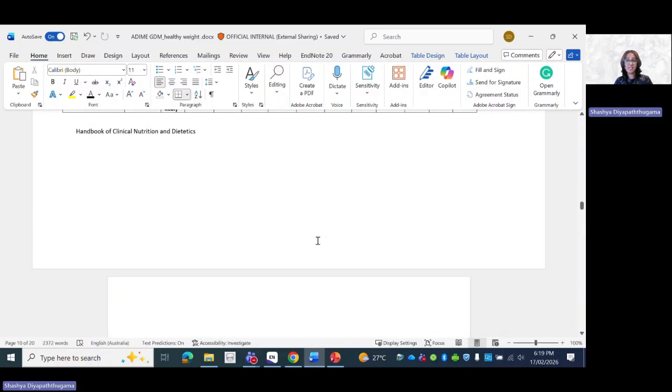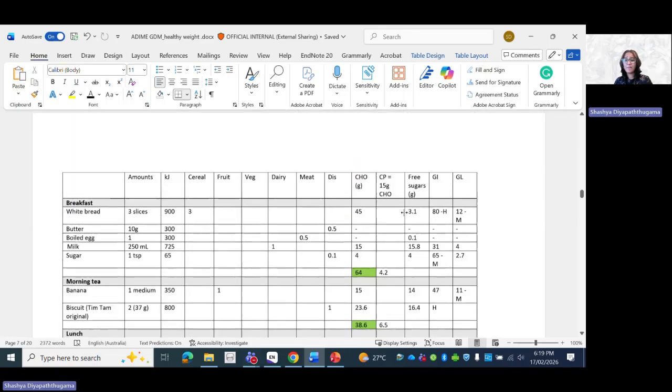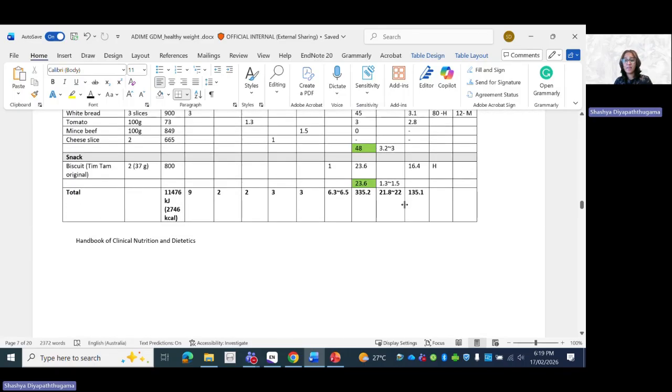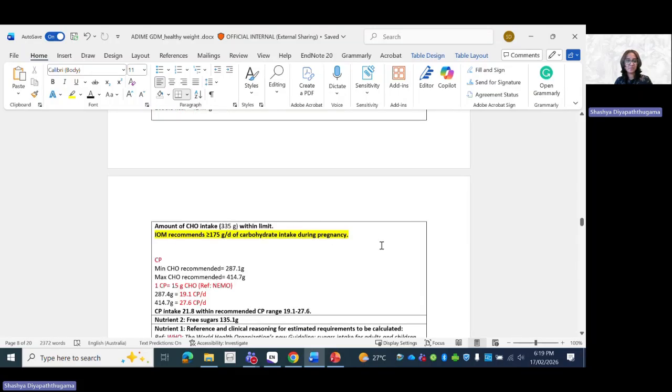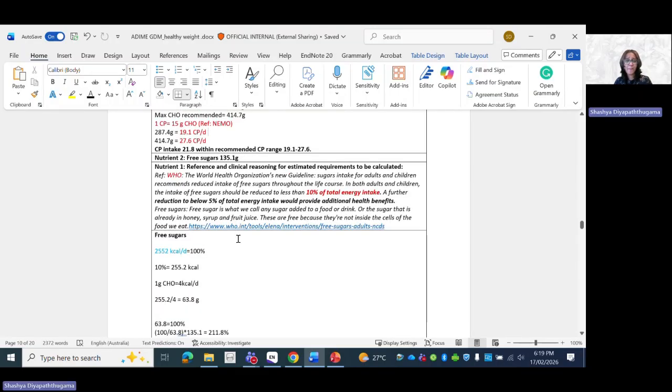So based on this calculation, her free sugar intake based on this diet is 135.1 grams. So that is what I've written in here.